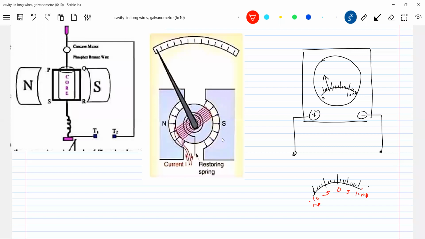So this particular galvanometer is used in meter bridge, Wheatstone network, post office box.